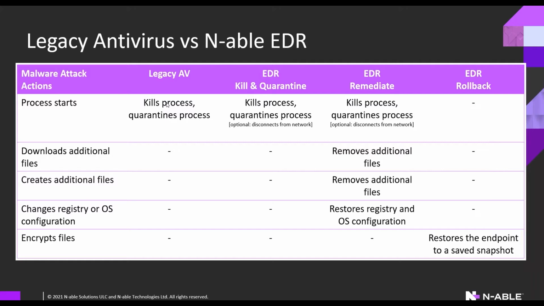With EDR, you still get the kill and quarantine step, but there's also the option to isolate an endpoint during a threat event. Whenever EDR detects a threat, it can isolate the machine on the network so it can no longer communicate with anything on the network until it resolves the threat issue, and then it reconnects it to the network.